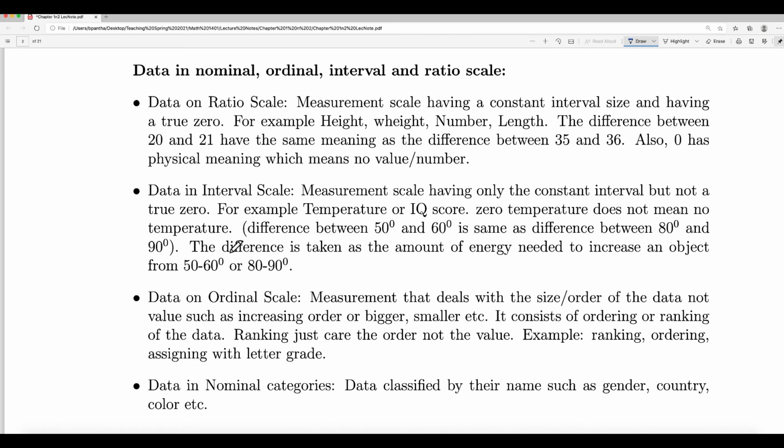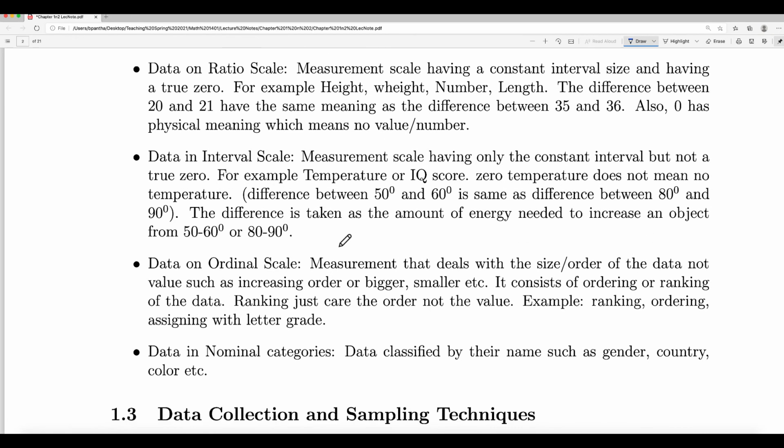But the difference between 50 degrees and 60 degrees is the same as the difference between 80 degrees and 90 degrees. Meaning the difference is the amount of energy needed to increase an object from 50 to 60 degrees or 80 to 90 degrees. That's the same amount of energy. So it has the meaning of constant interval, but it does not have a true 0. That is the interval scale.